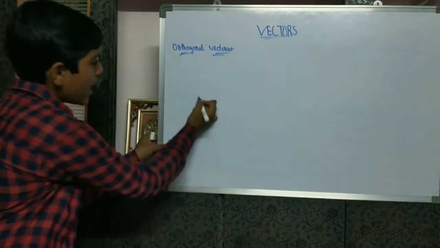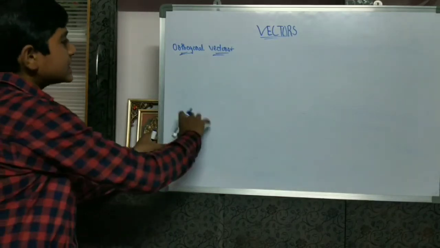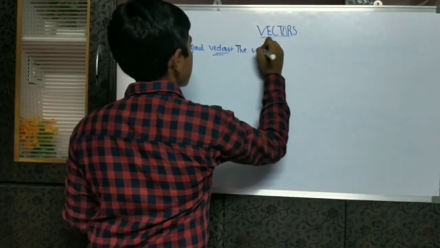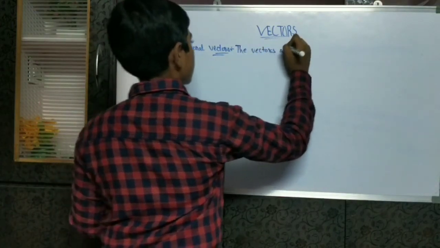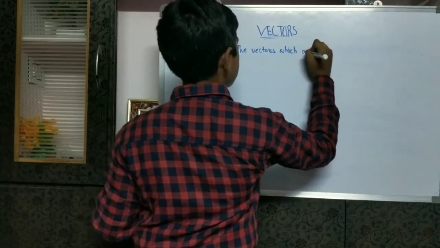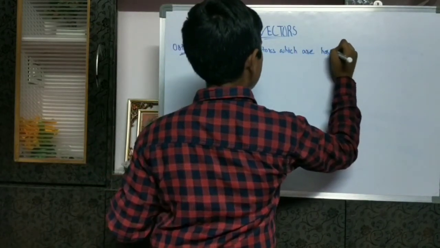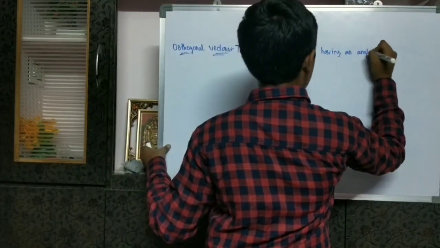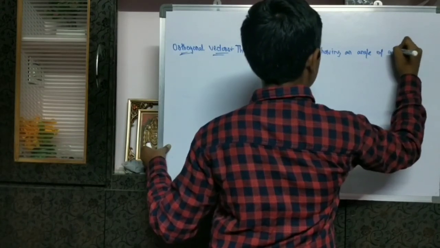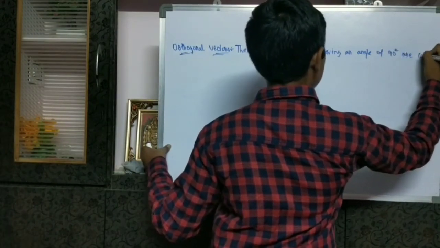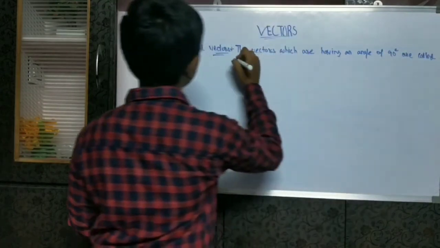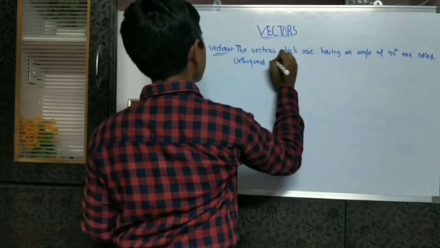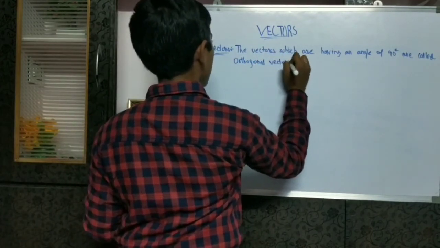Orthogonal vectors. Just now I gave you an example, right? That is the same as orthogonal vectors. The vectors which have an angle of 90 degrees are called orthogonal vectors.